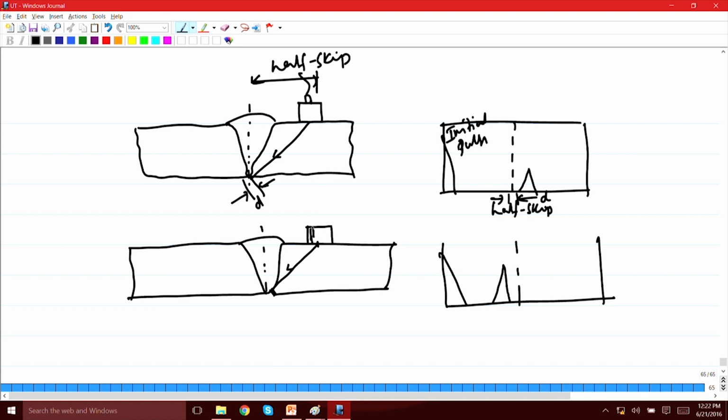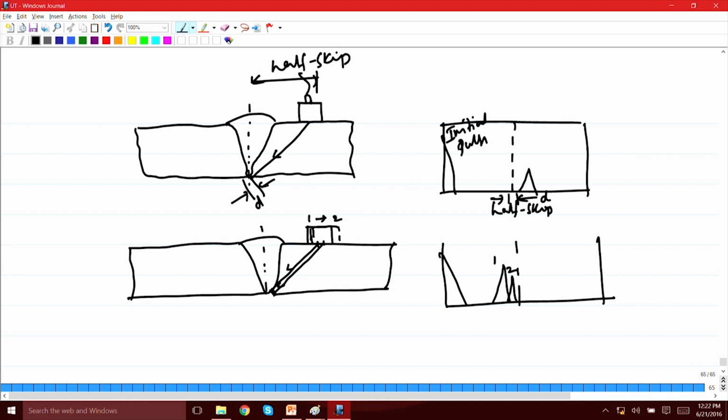If you move the probe a bit to, let us say, a new position like this, this echo will also move closer to the half skip. So if the first position was 1 and then you have moved it to 2, then this echo corresponds to 1 and this will be corresponding to 2. Okay.